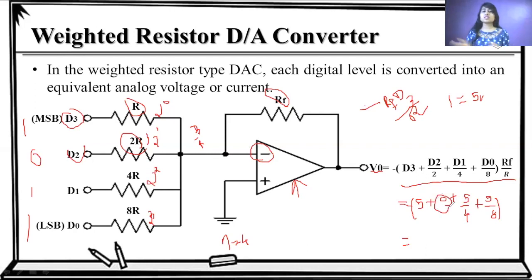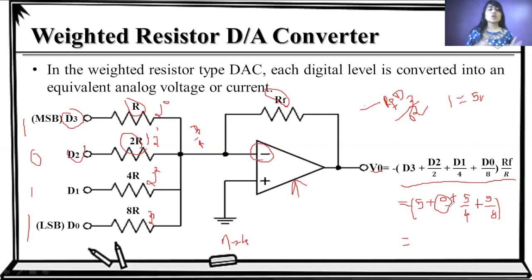By considering this, we can calculate the full scale output for logic 1 equal to 5 volt. Here we consider logic 1 equal to 5 volt, but in an example maybe logic 1 is equal to a different analog voltage, so we have to consider this.